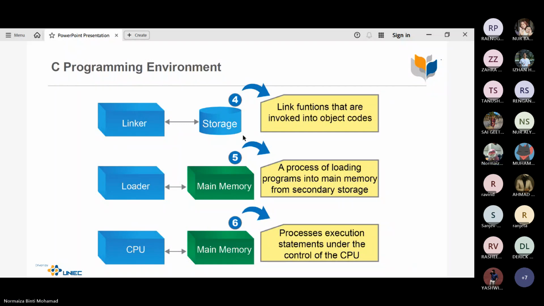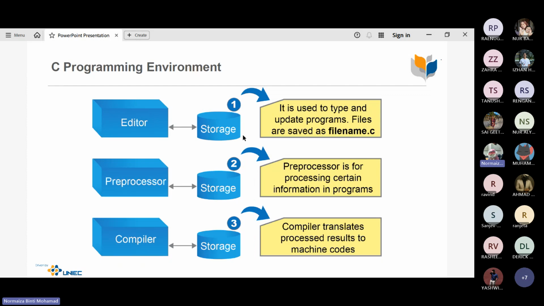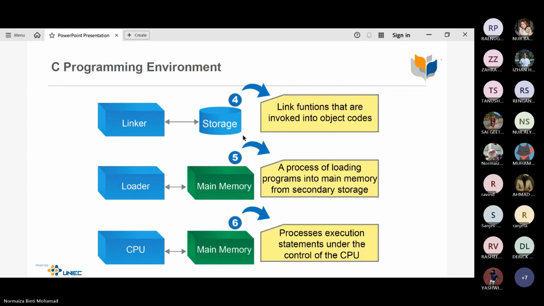The loader is the process of loading the program into main memory from secondary storage. The CPU processes the execution statements under its control. So basically the loader and CPU involve the main memory, whereas the editor, preprocessor, compiler, and linker just involve the storage.